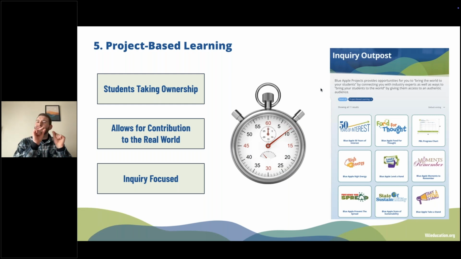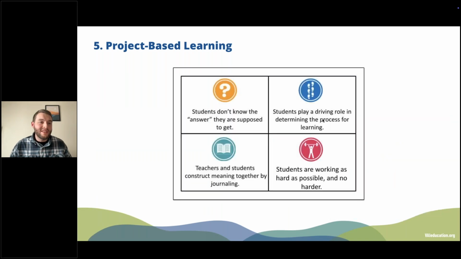Now let's jump back just very quickly to that inquiry piece, right? That inquiry piece is that piece of project-based learning that's really going to help us here. Again, Mr. G, why are we doing this? Well, now they know, because students are that driving role to determine the process for learning, right? You're giving them a project, you're giving them different angles to attack that project at, and they don't necessarily know what the answer is, but they are discovering it as they go.